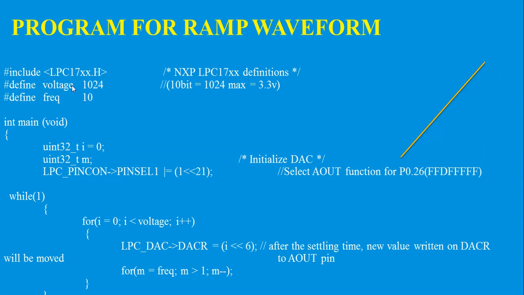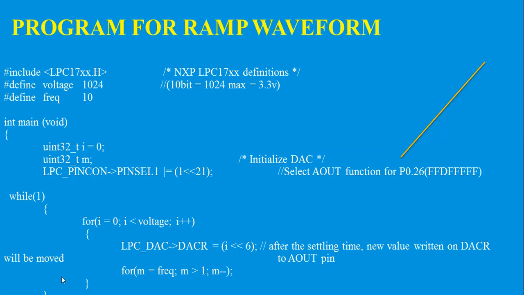Here we use only a loop with I initialized to 0, and we compare with the maximum value, that is 1024. As long as this condition is true, the I value keeps being incremented and placed in the DAC register, so the analog output voltage keeps increasing from minimum to maximum.